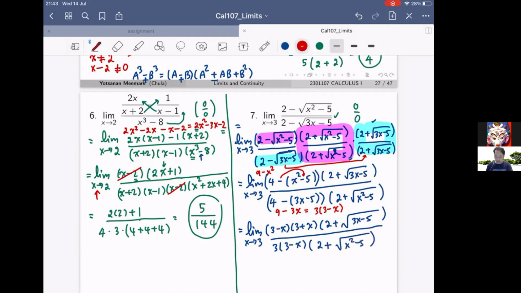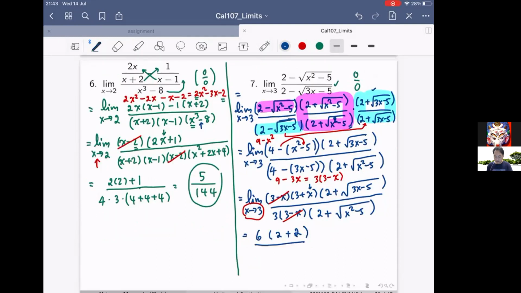So here your x goes to 3, so 3 minus x is not going to be 0. So you can cancel. And then after that, you just plug in 3 here. So you have 6. And then 2 plus what? Square root of 4, right? Which is 2.